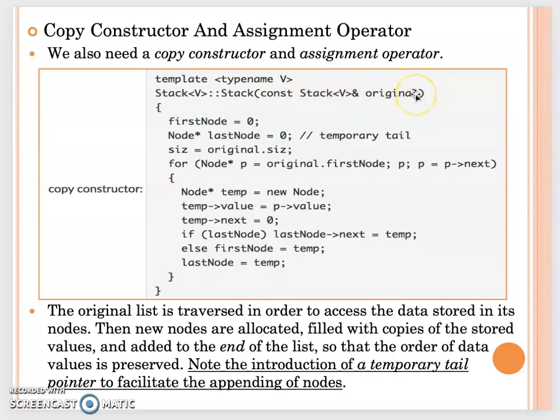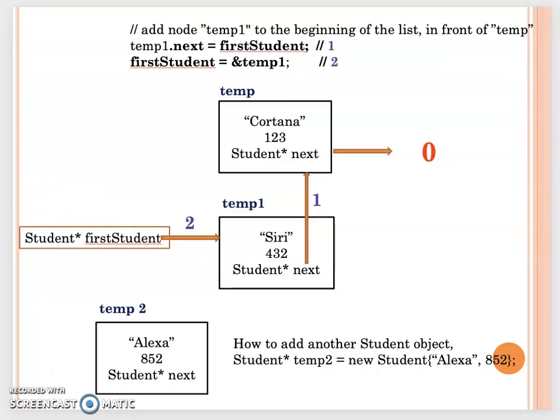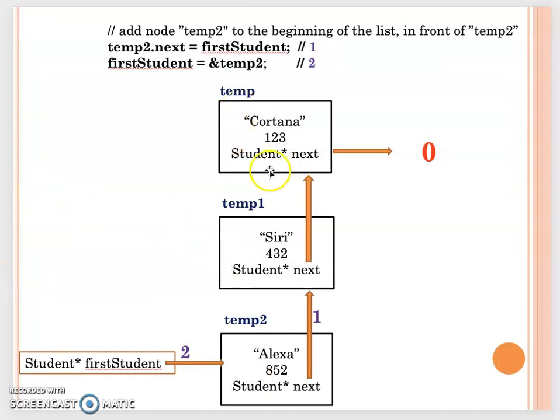This other stack has its first node, its size, and its information. We need to copy over everything. This one is our while loop condition. Remember earlier we said we need a while loop. Since I want to copy, I need to use the original one.